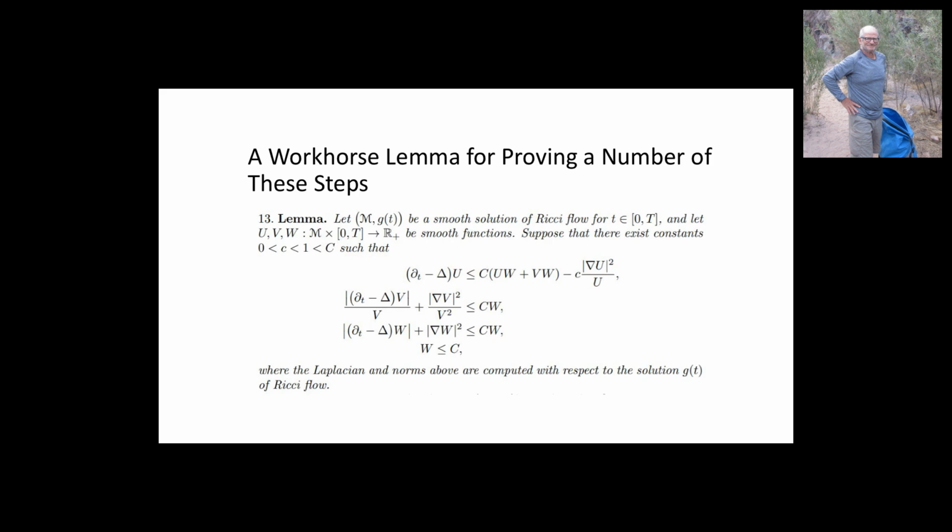If we have a smooth solution of the Ricci flow on some time interval, and we have a set of functions u, v, and w, which are all positive functions on the manifold on this time interval, there exist certain constants, let's say capital C, since we have certain heat-like equations on the left-hand side with inhomogeneous source terms, where the velocity and the norms are all computed with respect to the solution of the Ricci flow.